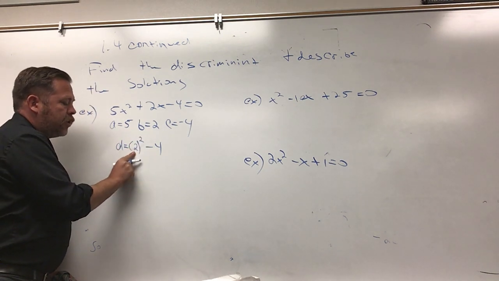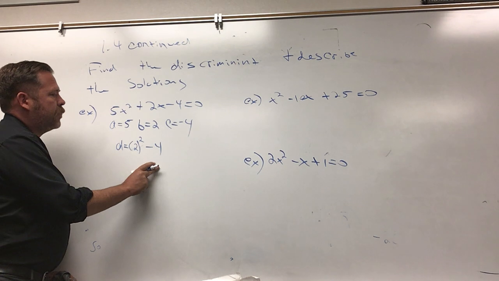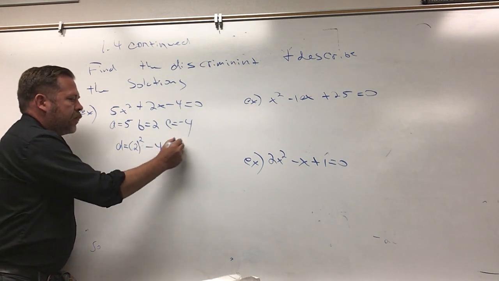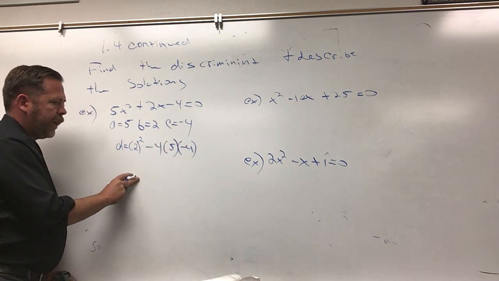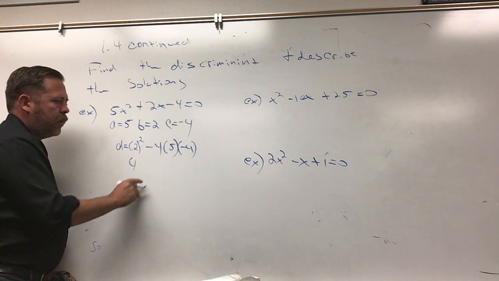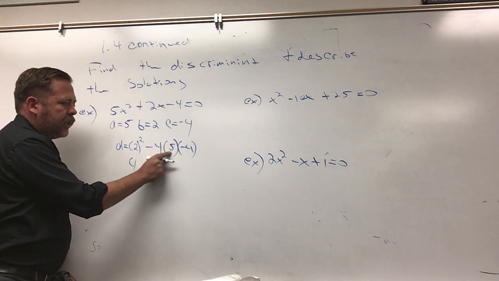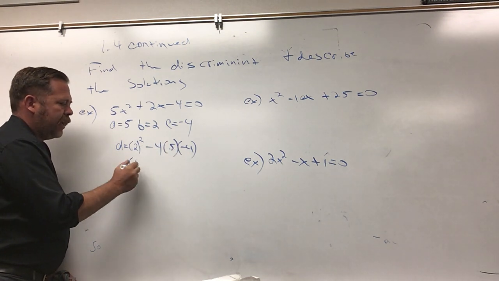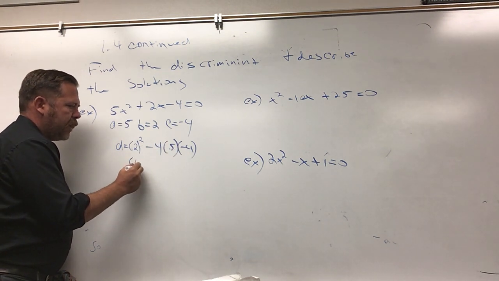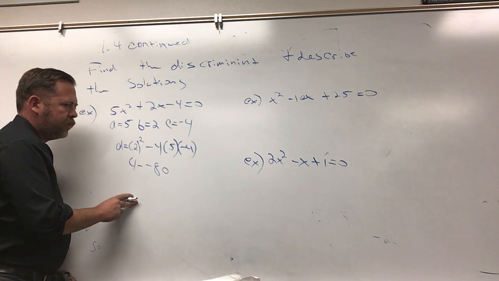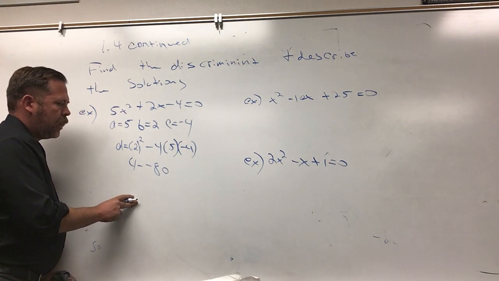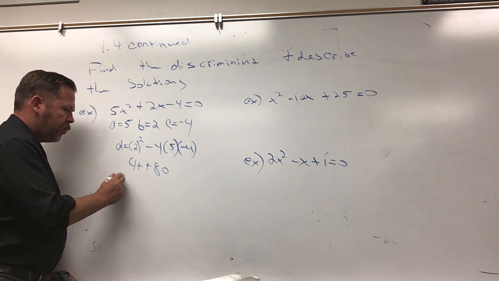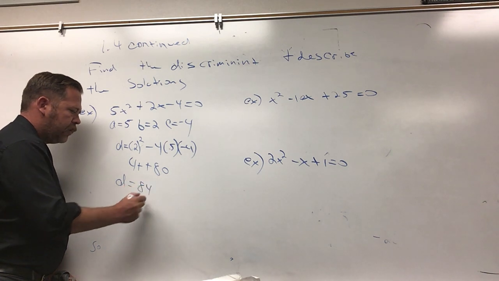All right, so 2 squared minus 4 times 5 times -4. Okay, so we have 4. 4 times 5 is 20. 20 times -4 is -80. So it equals minus -80. Okay? So this would be plus 80. So the discriminant here equals 84.